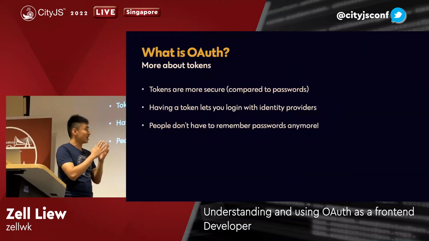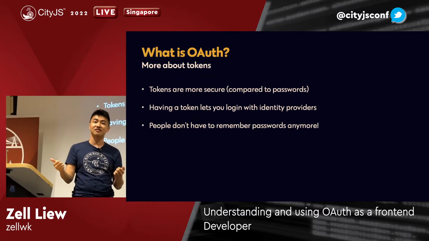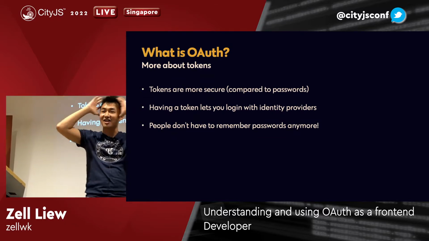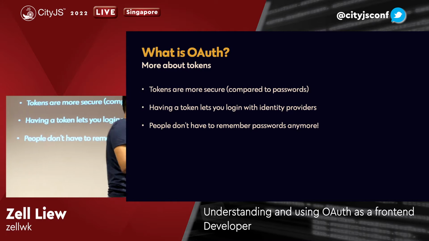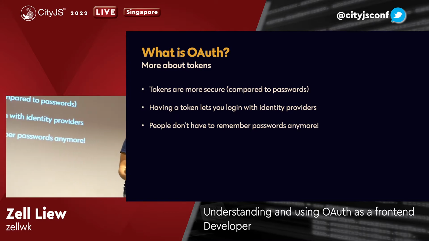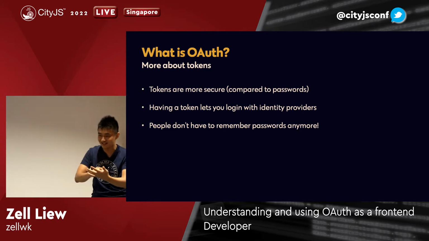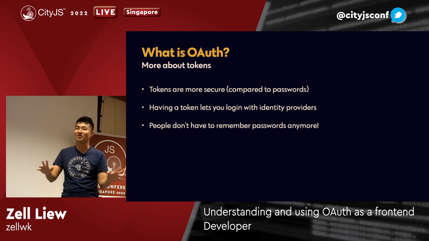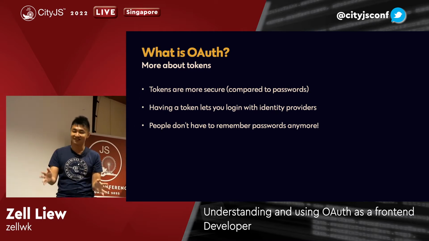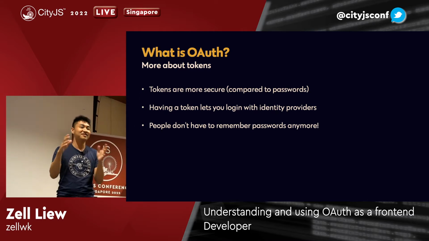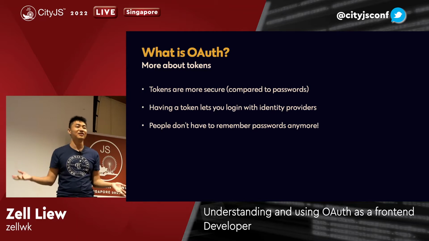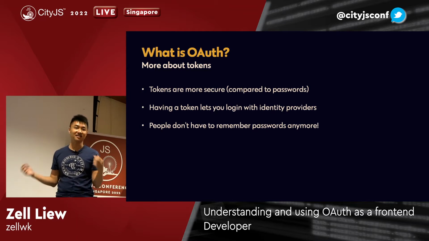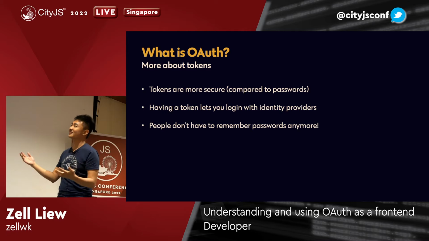Just to sum up why tokens are more secure: people don't have to remember their passwords anymore, and you know how people always forget their passwords. So they don't have to write it down in a notebook and chuck it aside. No more of that nonsense. We just use tokens. Except the tokens are automatically generated, so they don't even have to care about saving it anywhere. Except we do. All of the work falls on us, right?